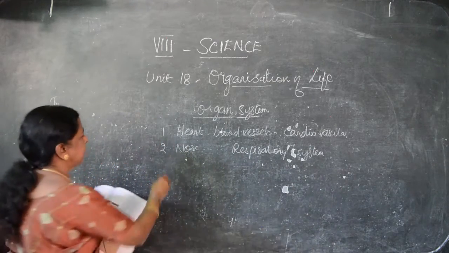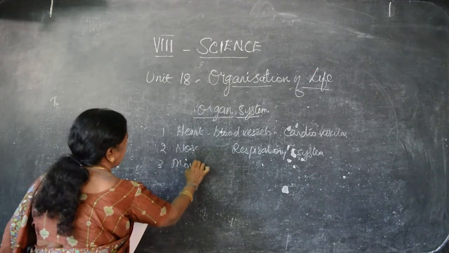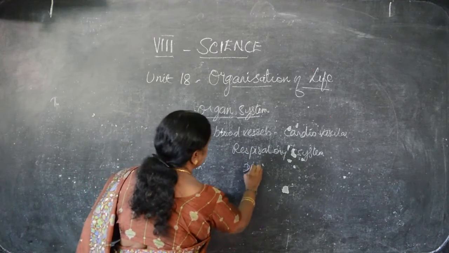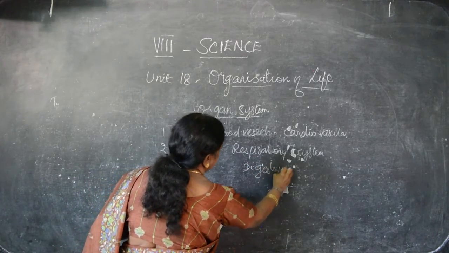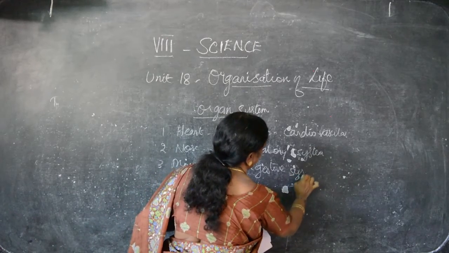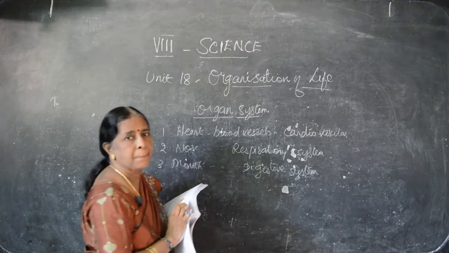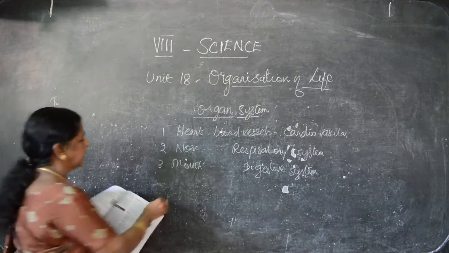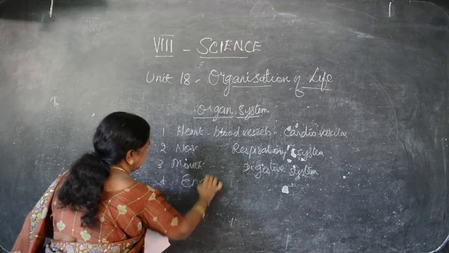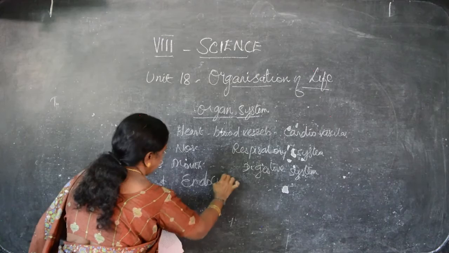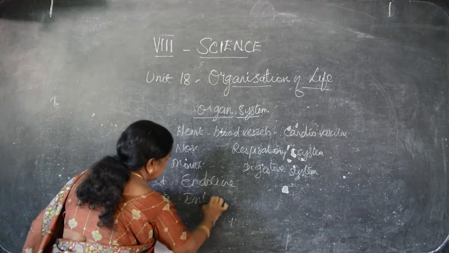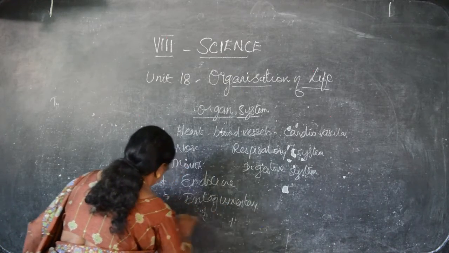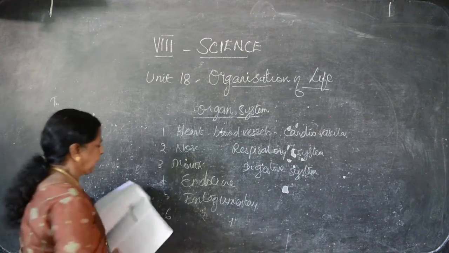And mouth, esophagus, it starts from the mouth. Mouth, esophagus, food pipe, stomach, intestines, all together, this is known as what? Digestive system. Then other examples, endocrine system, you would have studied in 10th standard. Then integumentary system, skin and other things together. And the sixth one is reproductive system.